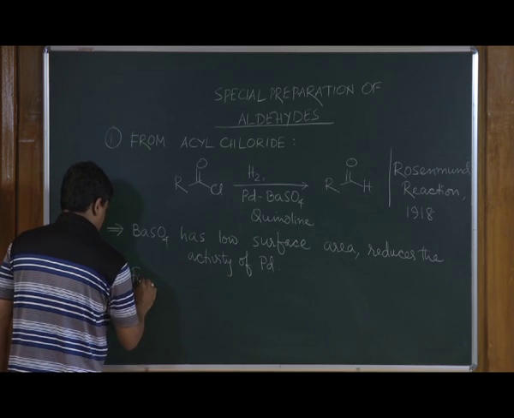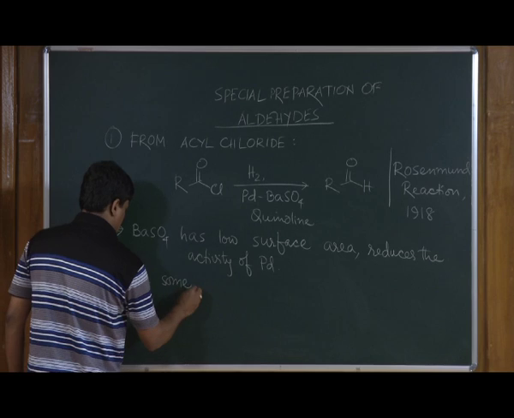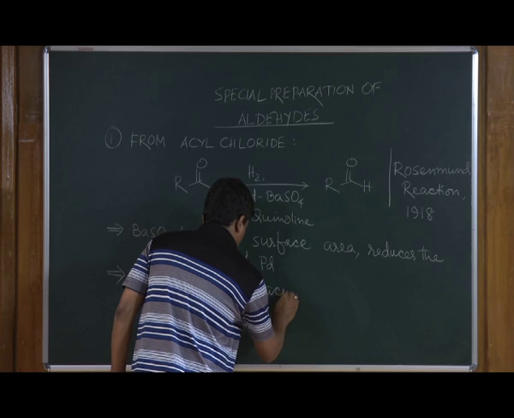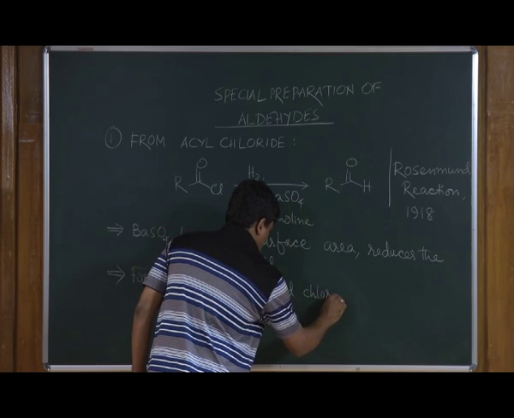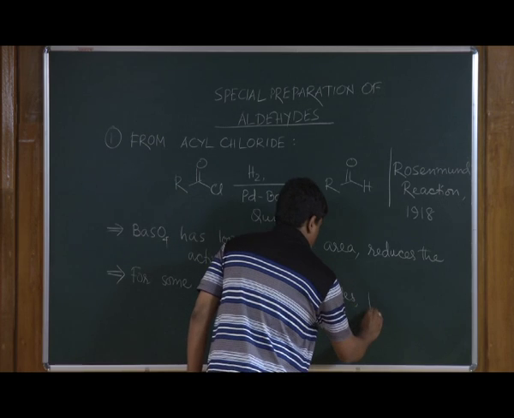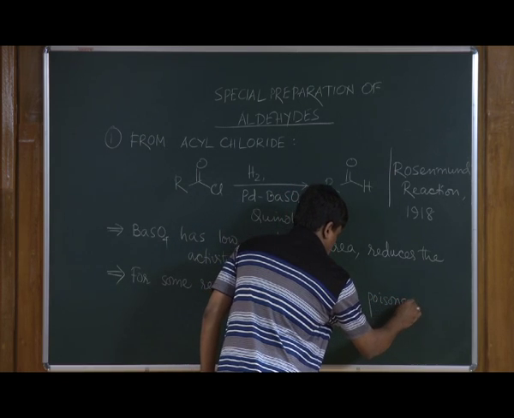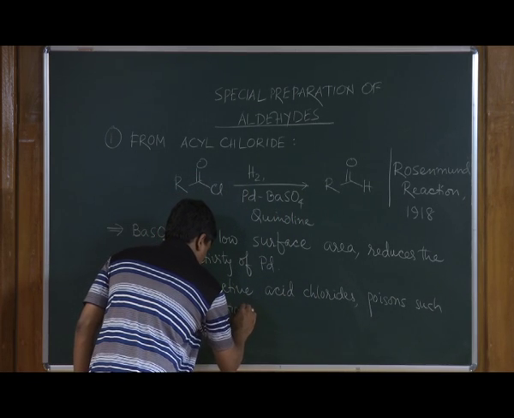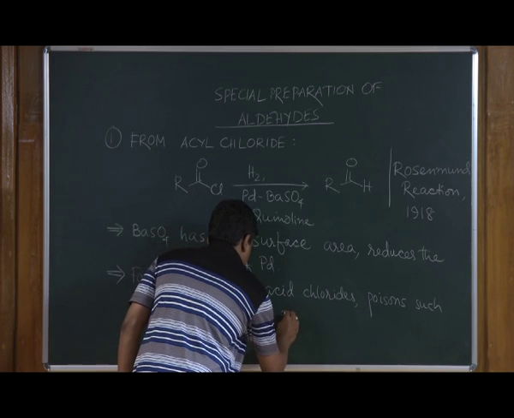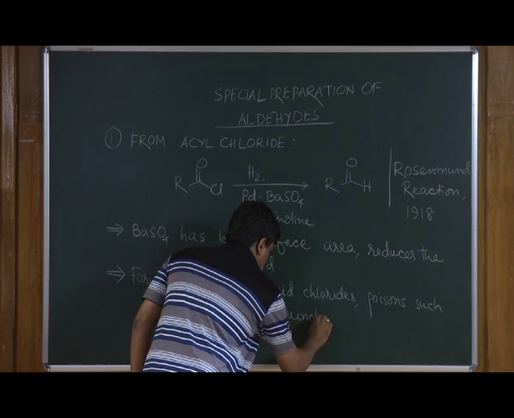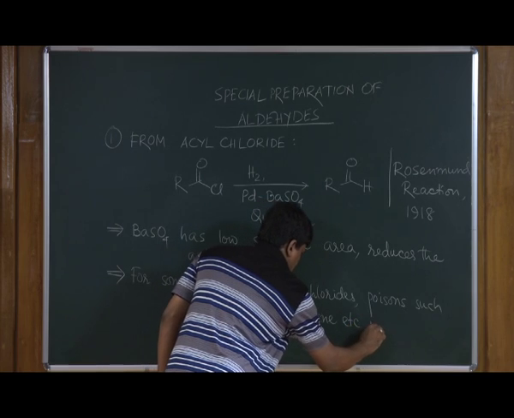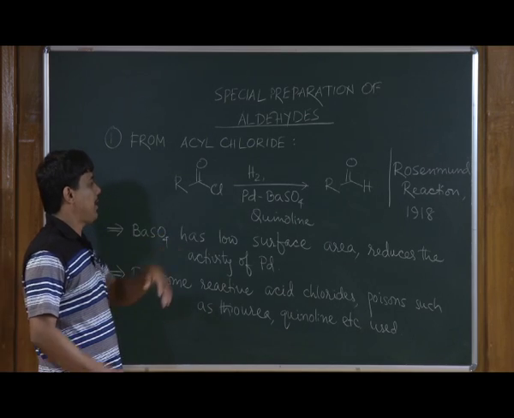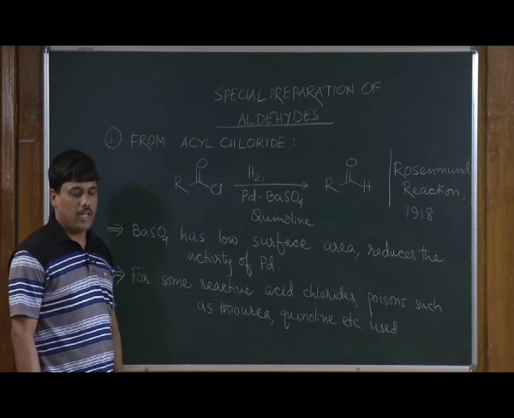Also, for some reactive acid chlorides, to reduce further the activity of palladium, some poisons like thiourea, quinoline, etc. are used.